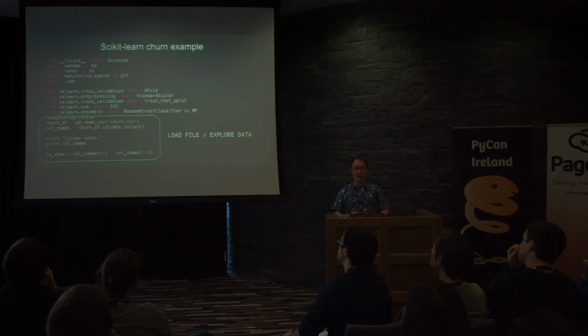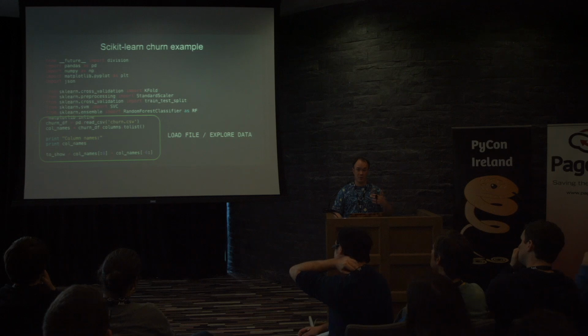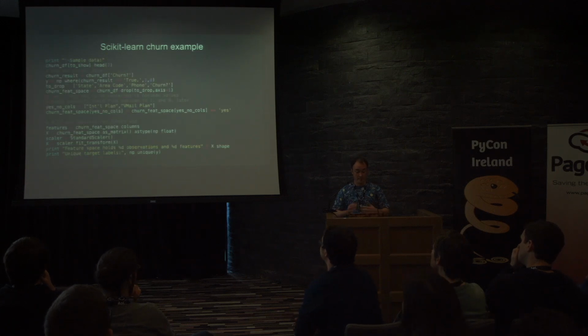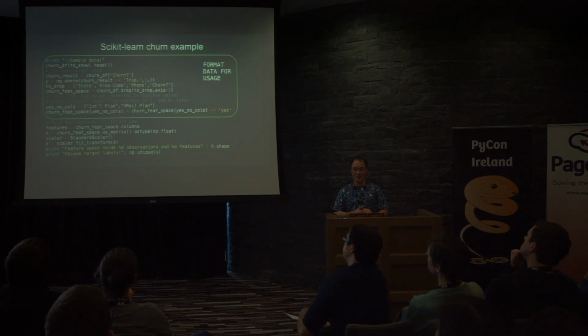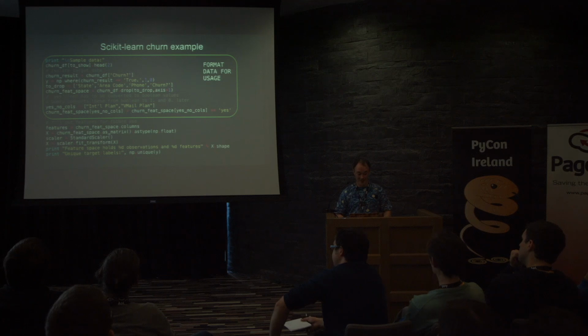I just took in that churn data, it was in a CSV file, used pandas to manipulate it a little bit, and load the data and explore it myself, again, just looking at the data, formatting it, dropping out some of the columns that weren't too useful, including their view on churn. One of the things, if I'm building a model with a predictor variable in there already, I don't really need that, so I'm going to drop that.